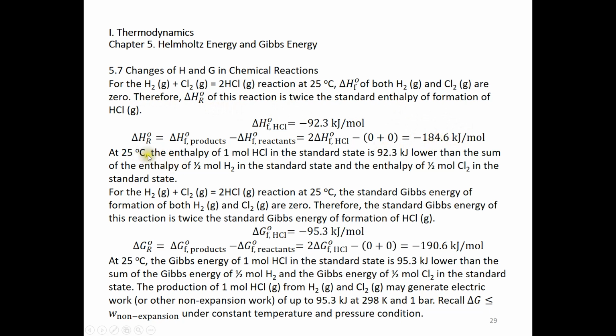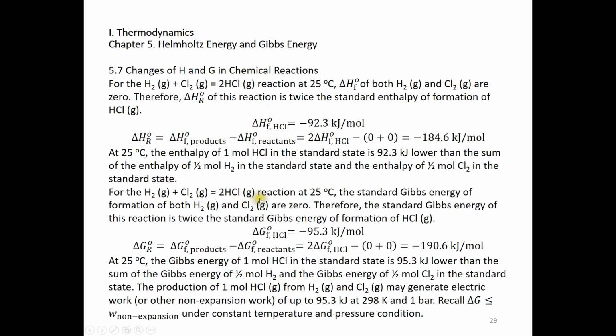At 25 degrees Celsius, the enthalpy of 1 mole HCl in the standard state is 92.3 kilojoule lower than the sum of the enthalpy of 1/2 mole H2 in the standard state and 1/2 mole Cl2 in the standard state. So this is from this number, 92.3.